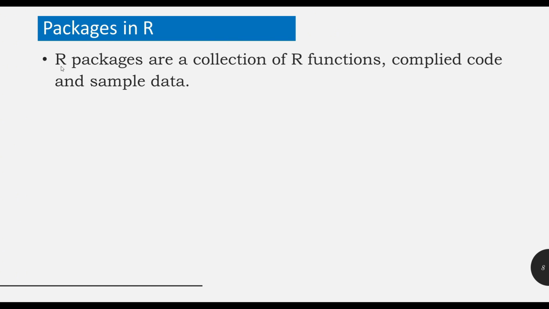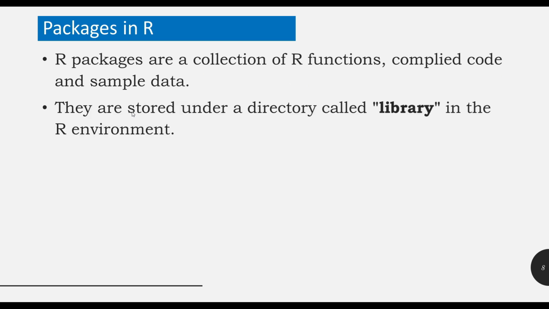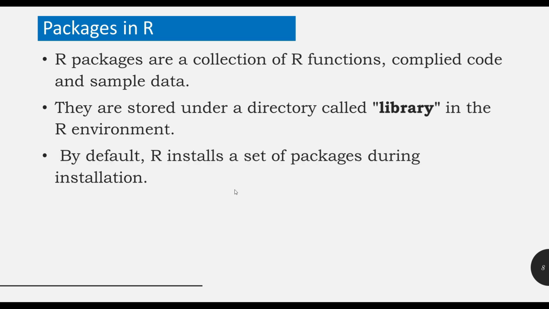Packages in R. R packages are a collection of R functions, compiled code, and sample data. They are stored under a directory called library in the R environment. That is why whenever you install a new package, you have to load it into the library. Then only the functions available inside that package can be used.